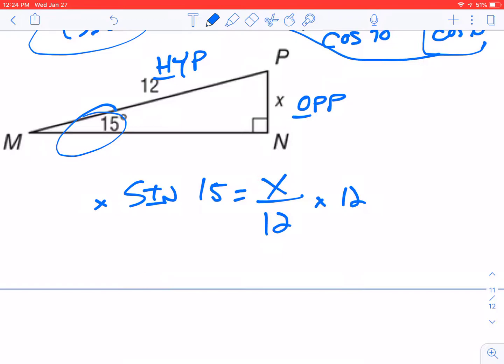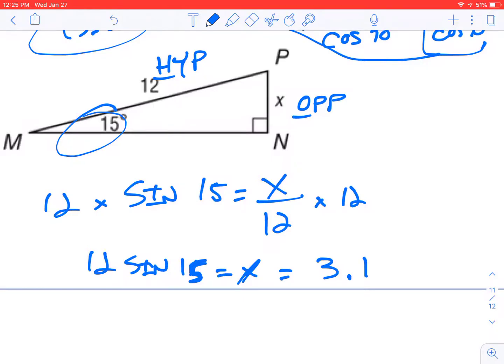Multiply both sides by 12. And now I type that in my calculator. 12 sine of 15 equals 3.11. We'll round up.